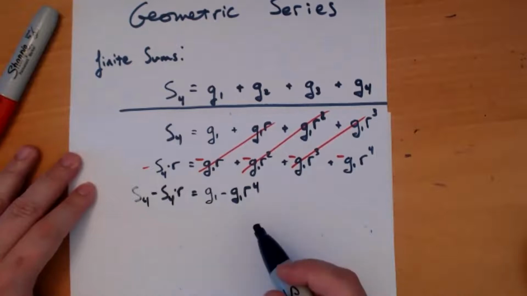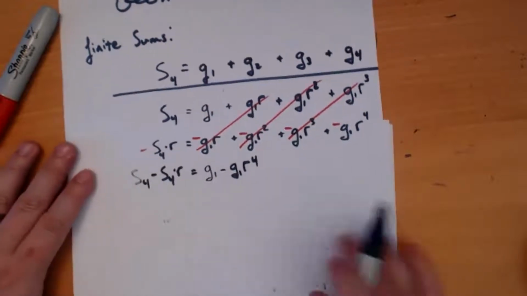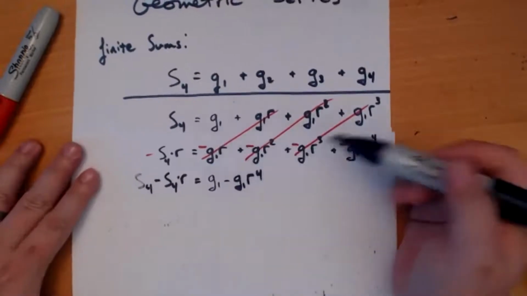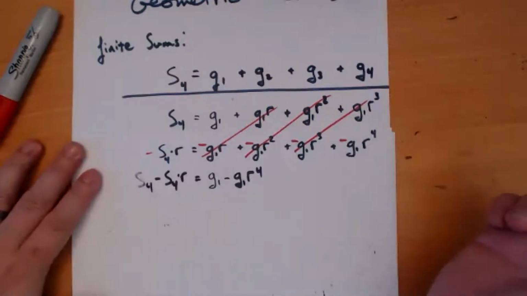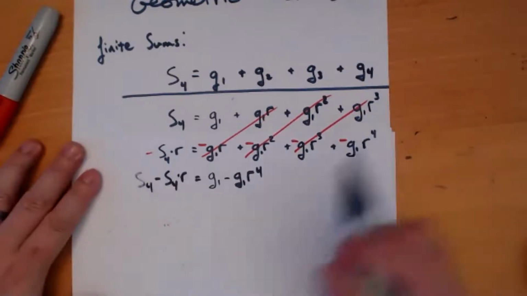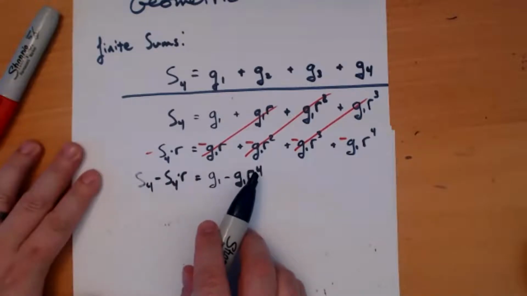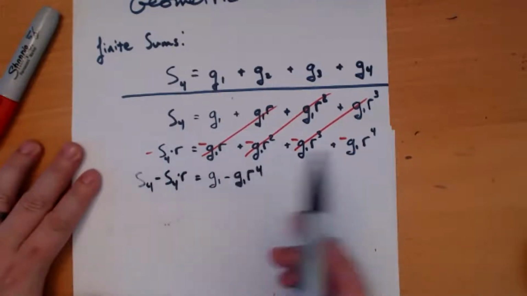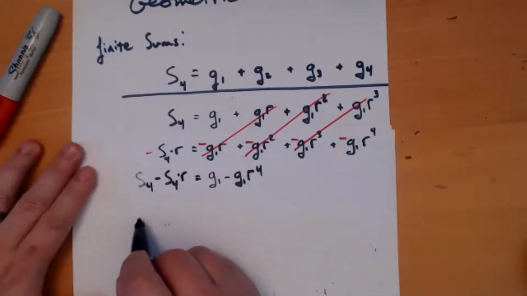So now what I'd like to do is generalize it. You know, we used a simple example of 4 terms, but I could have just as easily used 400 terms, right? So this 4 and that 4 are only specific to this example. So I'm going to rewrite it in general.